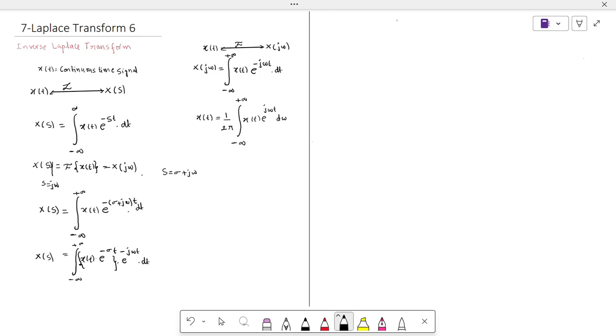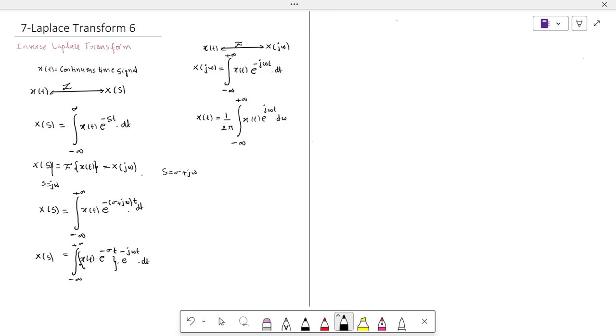So this is similar to the Fourier transform. This is the integral from minus infinity to infinity of a signal in the time domain multiplied by the exponential e power minus j omega t, integrated with respect to t. So this is the Fourier transform.